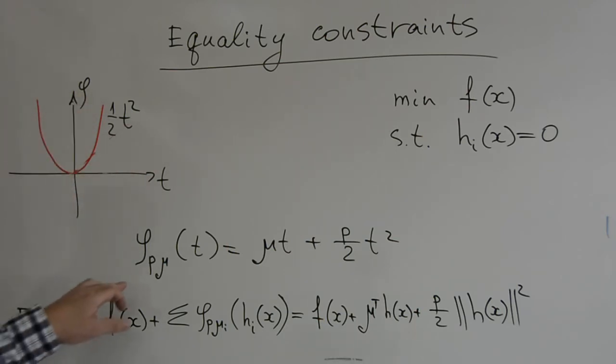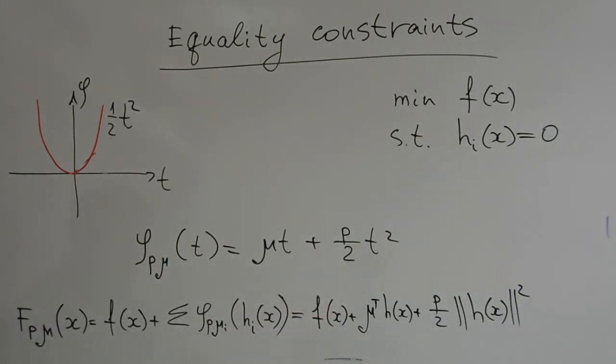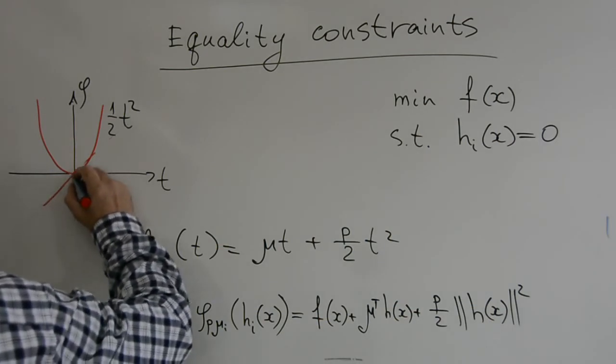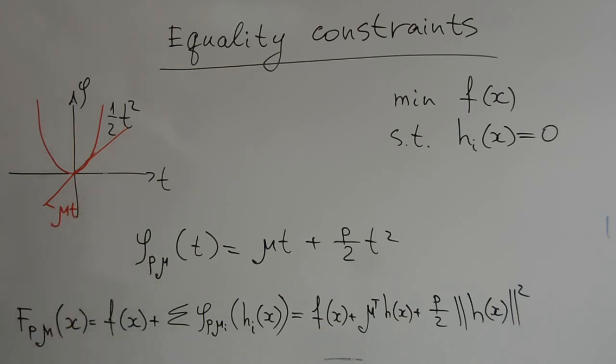And if we want to build a penalty multiplier function, pay attention that this penalty has slope 0 at the origin. We can add another term, a linear term mu t, and it will provide the slope.